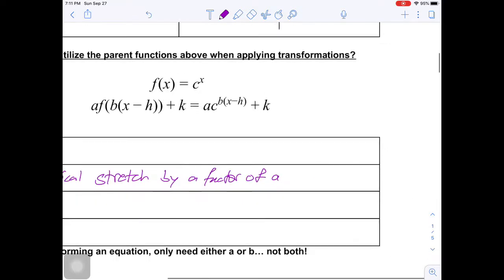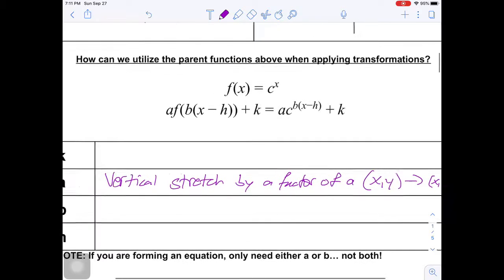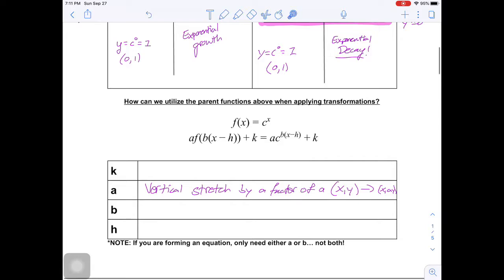If we were to do mapping notation, we're simply taking all of our y values and multiplying them by a. Our k value here, we're adding it to the function, so that means it's a vertical shift or translation.